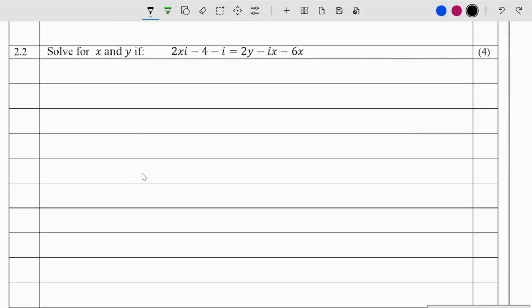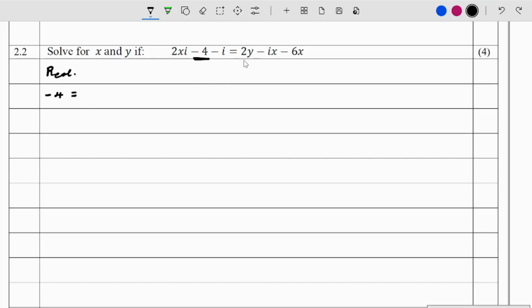And then 2.4, solve for the values of x and y in this equation. Okay, let's start with the real parts. Let's see what's happening. So according to my equation here on the left, -4 is the part that is real, so I'm going to put -4.